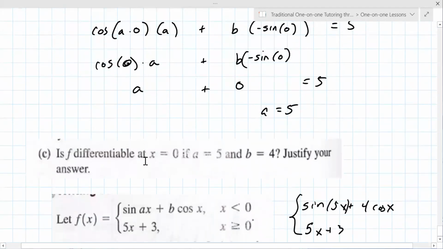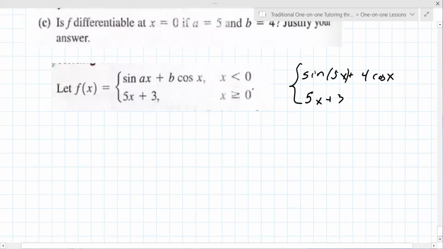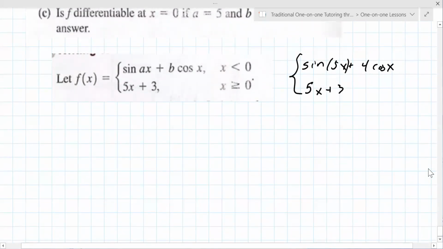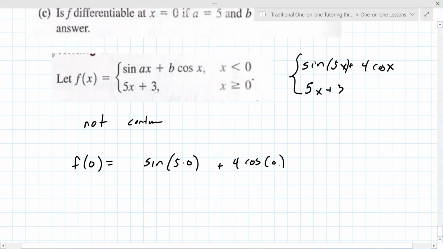The thing though is that for it to be differentiable, it also needs to be continuous. And this is not continuous at 0. We have a problem at 0. Actually, we don't even need to do all that. It's not continuous because when you evaluate f of 0, you get sine 5 times 0 plus 4 cosine 0 equals 5 times 0 plus 3.